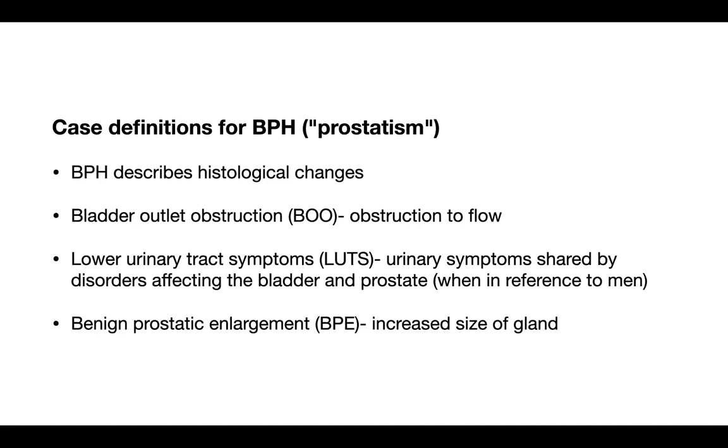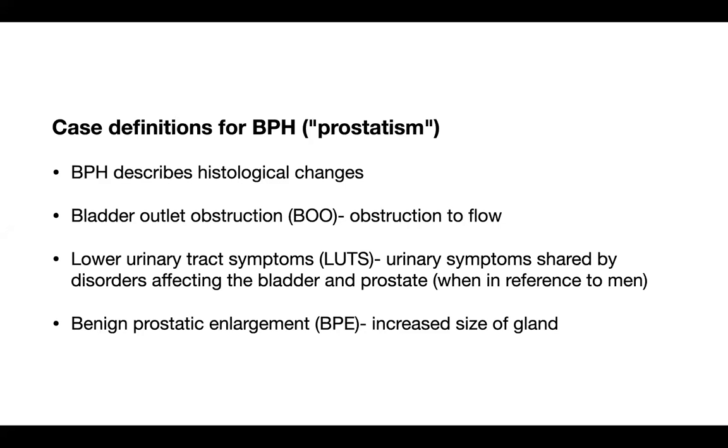Then we also have bladder outlet obstruction, which basically describes the obstruction to the flow of urine. This is usually due to the three lobes we talked about: the median lobe and the two lateral lobes. What is of note is that you don't necessarily have to have all three lobes enlarged in order to have a bladder outlet obstruction.